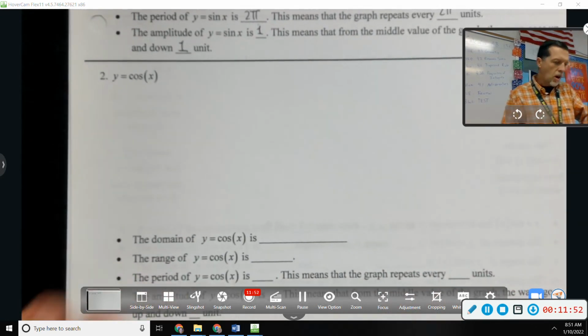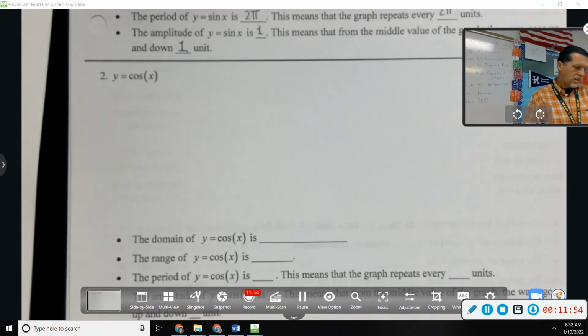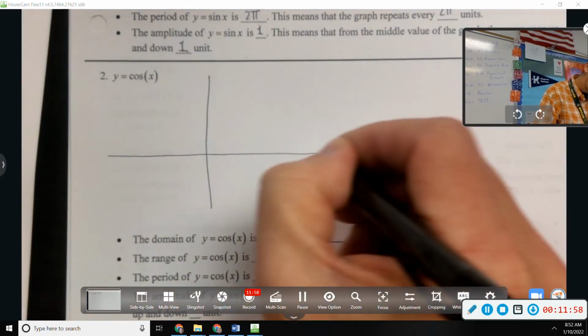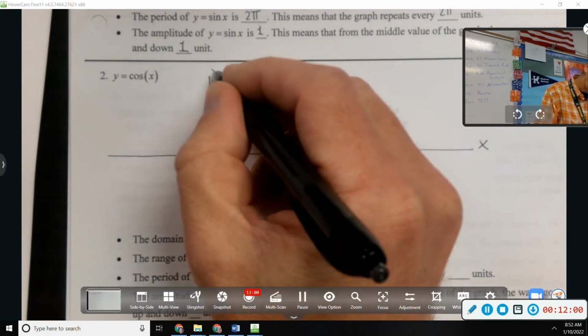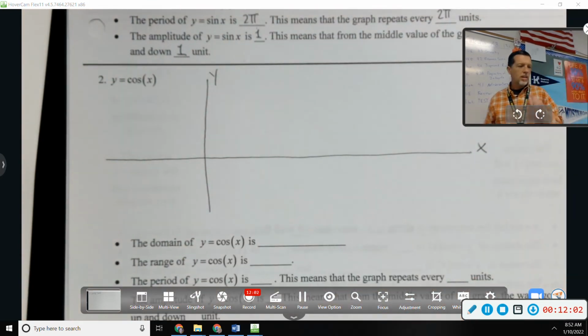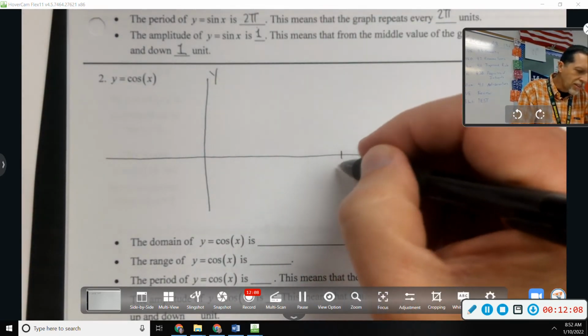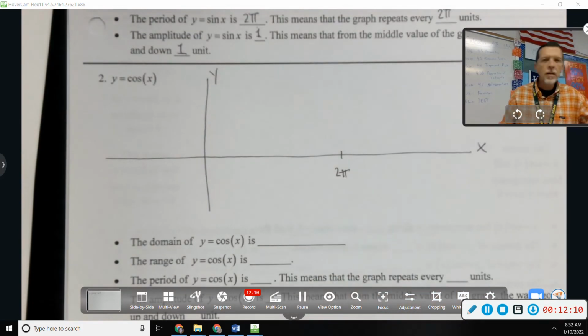All right, y equals cosine of x. So we're just going to put x and y. There are some similarities and differences here. It repeats after 2 pi.